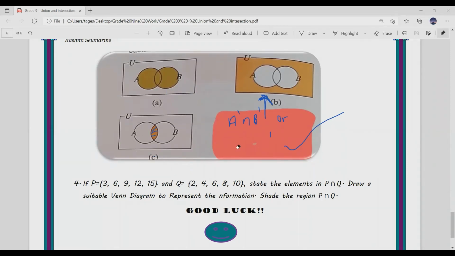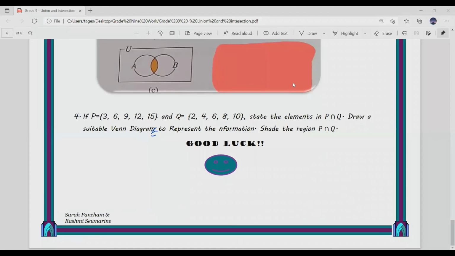exercise. So just let me clean this out, get this off. All right, last one.